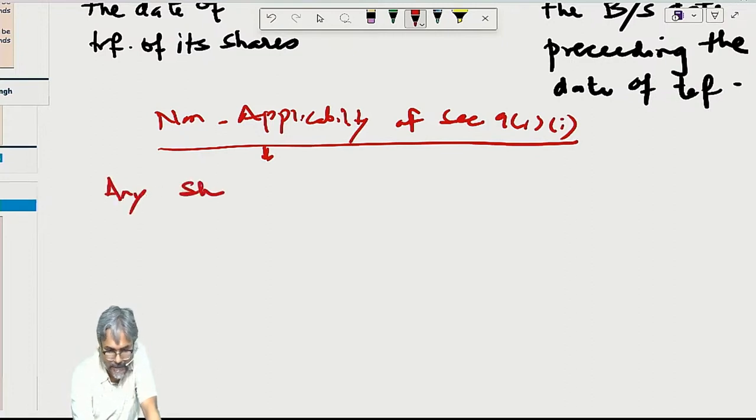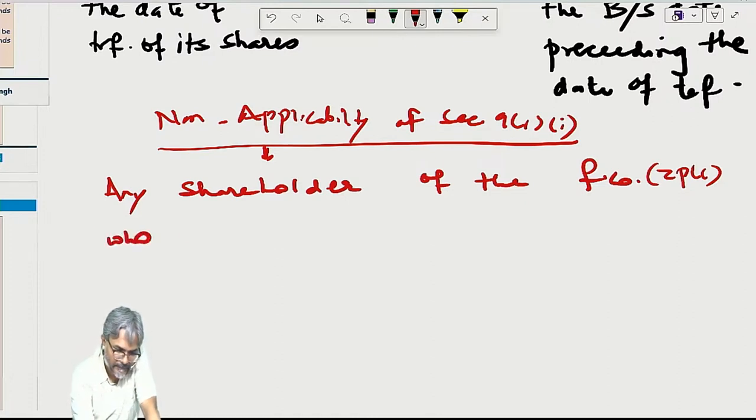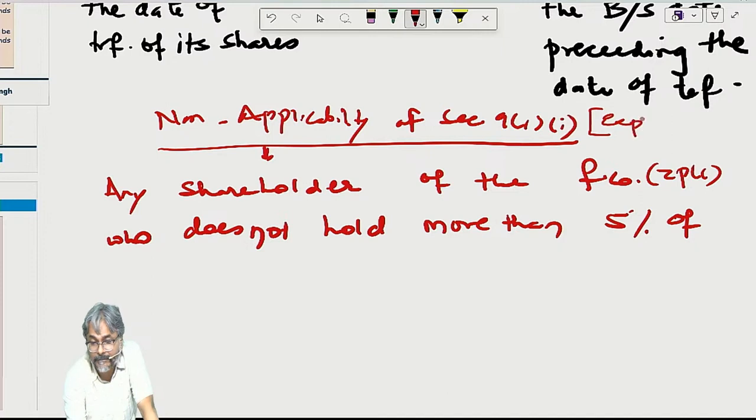Any shareholder of the foreign company, in the bracket ZPLC, who does not own more than 5%. You can just write like this: non-applicability of 9(1)(i), in the bracket Explanation 5.